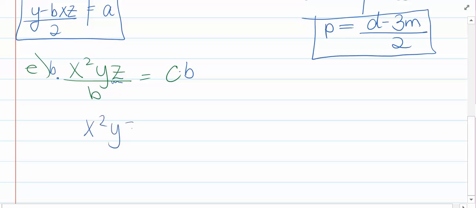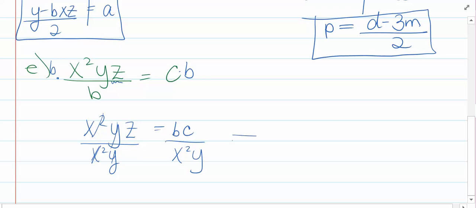X squared yz equals bc. And I want to get rid of all this multiplication. So I'm going to go ahead and divide both sides by x squared y. And now I'm just left with z. So z equals bc divided by x squared y.